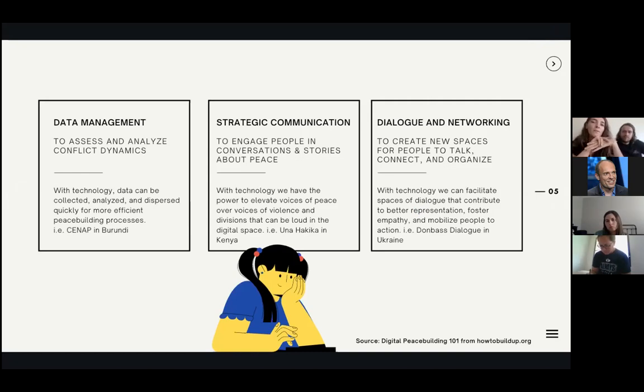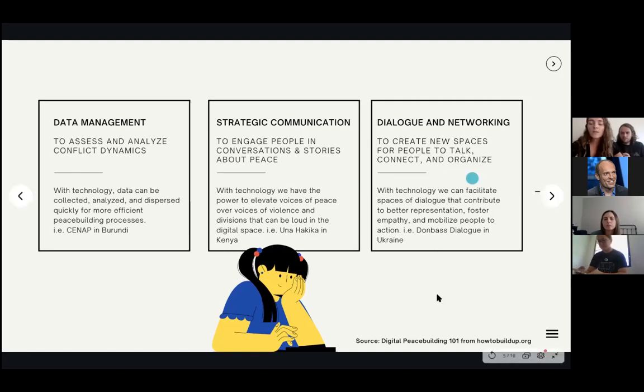I'm sure you have experience with this maybe, and there's also the opposite of this happening online, but there is potential to create empathy for people that we may never even be in physical space with online. And like I said, just also opportunities for mobilization of action, mobilization of nonviolent movements can happen in these spaces where we can connect and dialogue and network, where maybe we wouldn't have the opportunity to in real time.